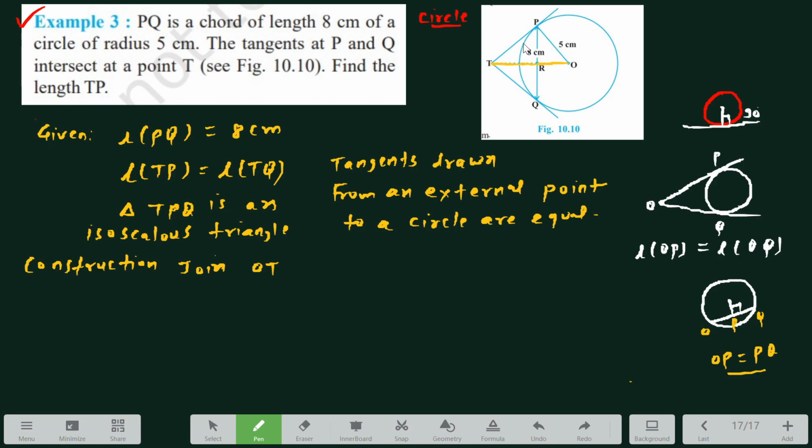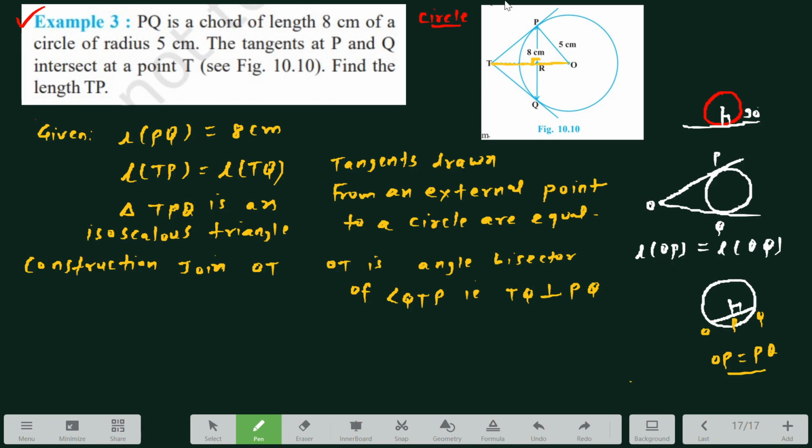So OT is the angle bisector of angle QTP. That is, TQ is perpendicular on PQ. This is the angle bisector. Yes or no? It means this is 90 degrees. If this is the angle bisector, then it will be 90 degrees.